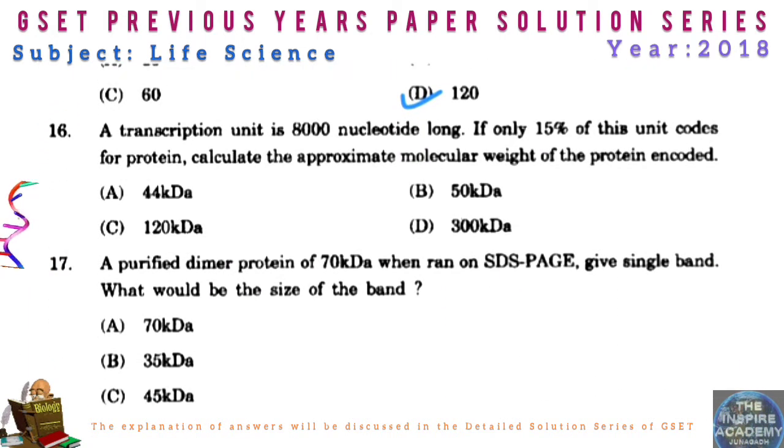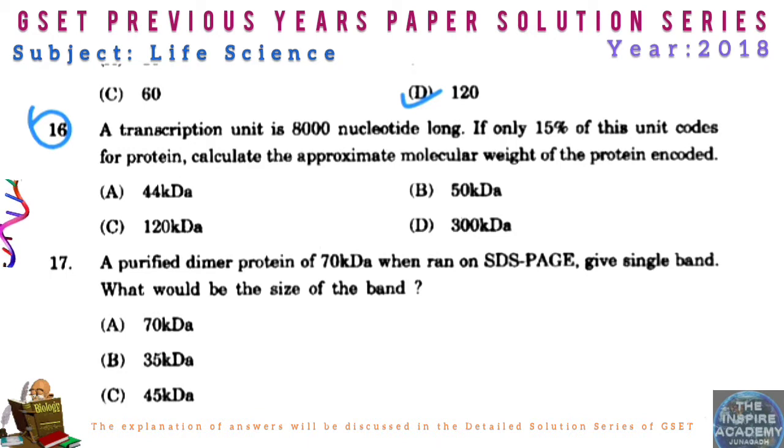Question number 16. A transcription unit is 8000 nucleotide long. If only 15% of this unit codes for protein, calculate the approximate molecular weight of the protein encoded. The correct answer is 44 kilodalton.